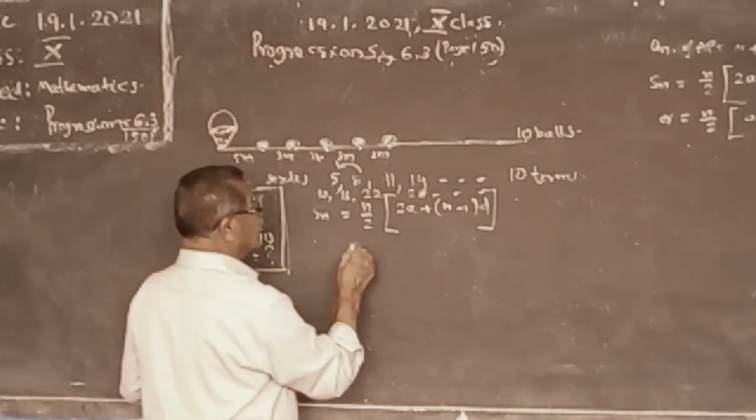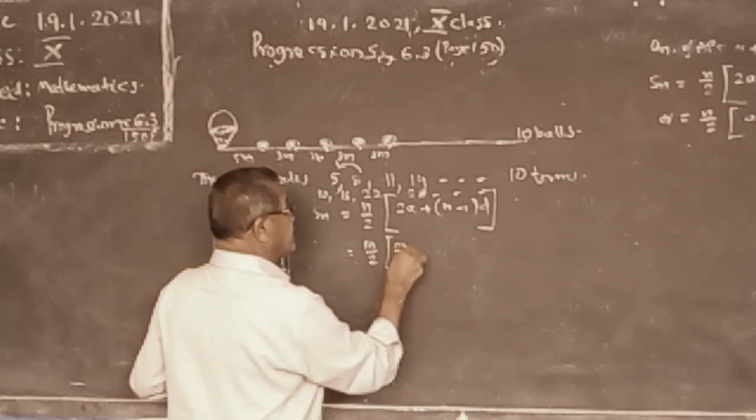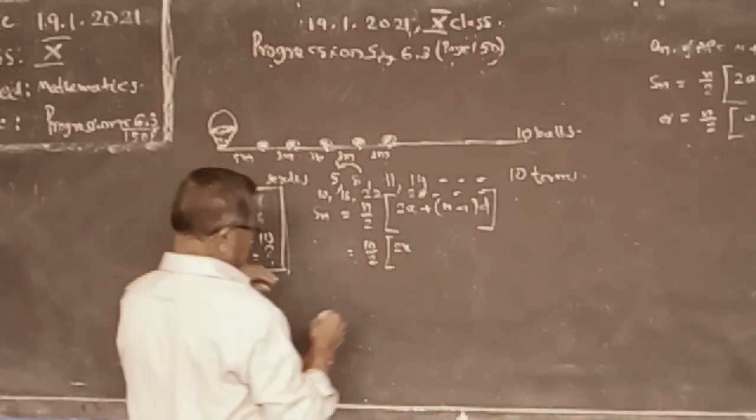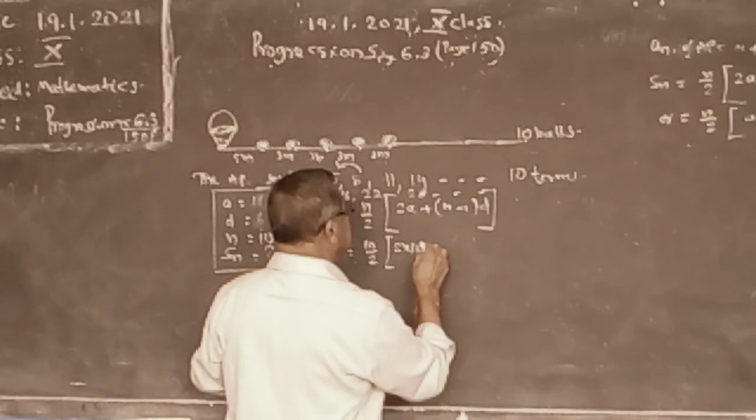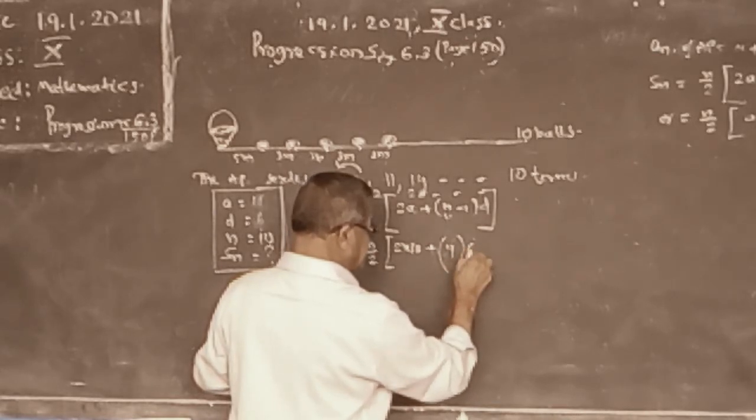Now Sn is equal to 10 by 2, 2 into a, 5 plus 5, 10, plus n minus 1, n is 10, 10 minus 1 is 9, d is 6.